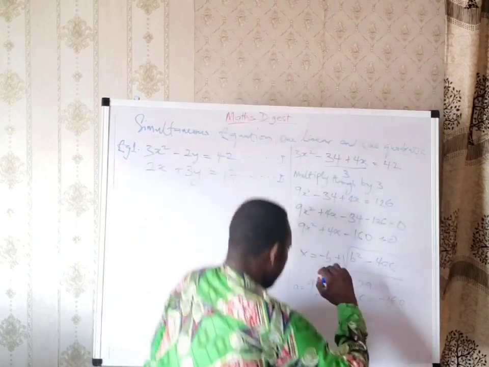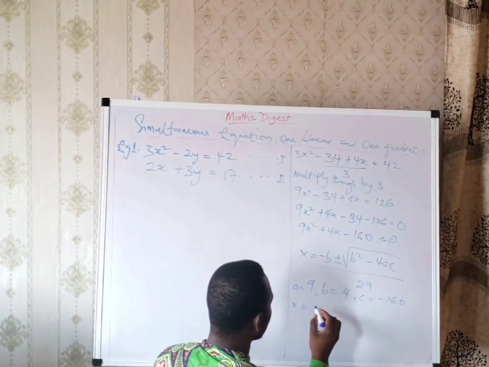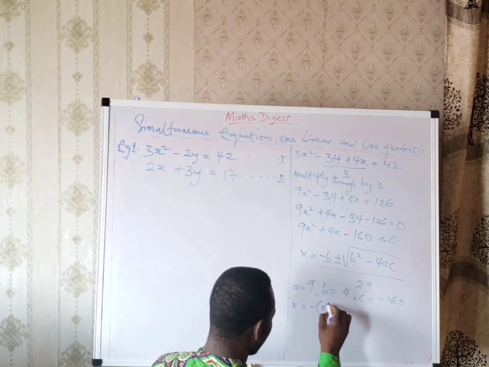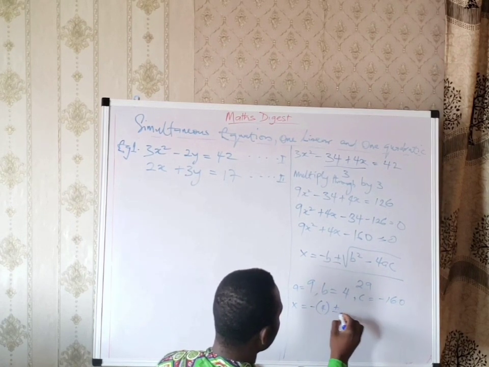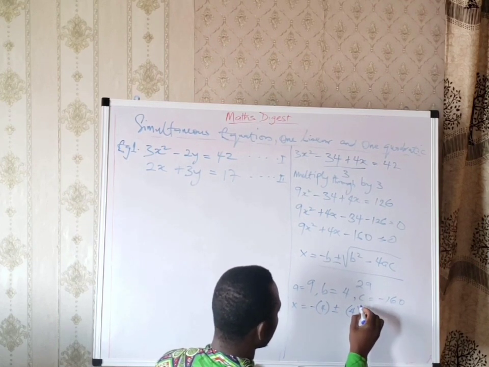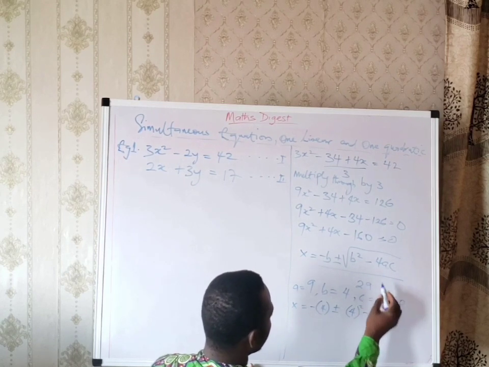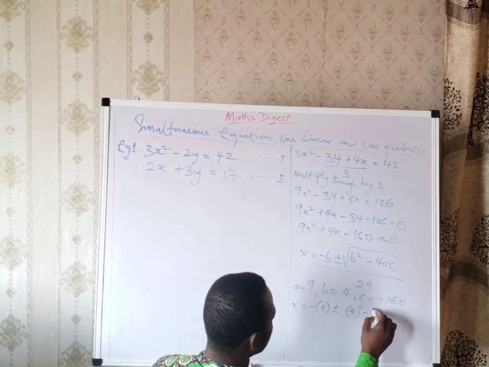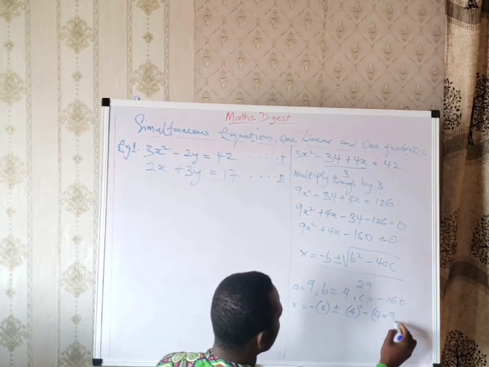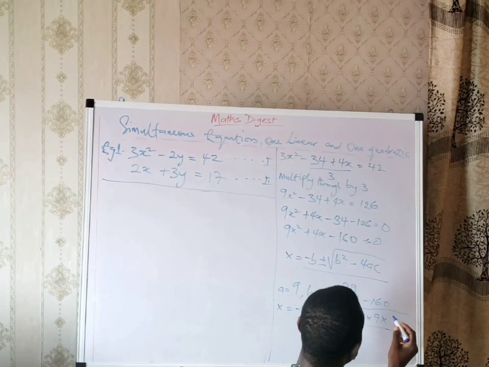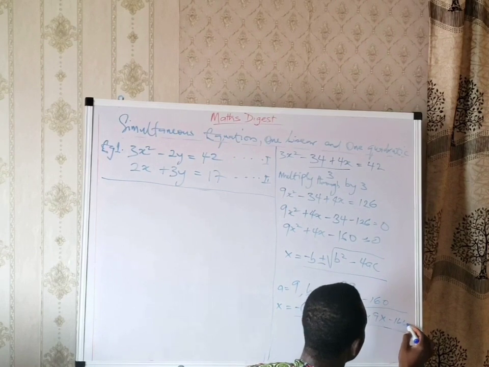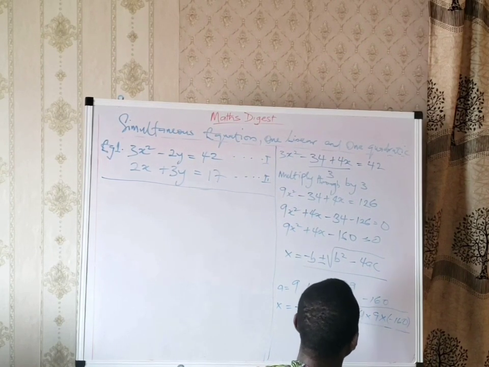We can say x now is equal to minus b, b is 4, so minus 4 plus or minus, b is still 4 here, so we say 4 raised to power 2 minus 4 times a is 9 and c is 160, but 160 is minus here, so we say minus 160, okay, minus 160.